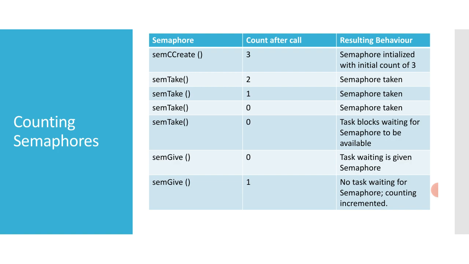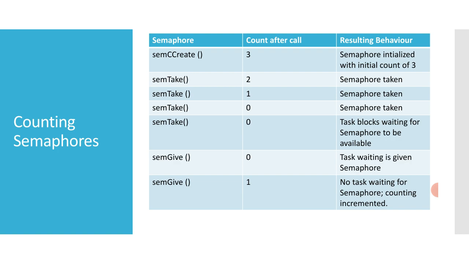The errno is set when semTake returns ERROR, due to timing out before successfully taking the semaphore, and it depends upon the timeout value passed.